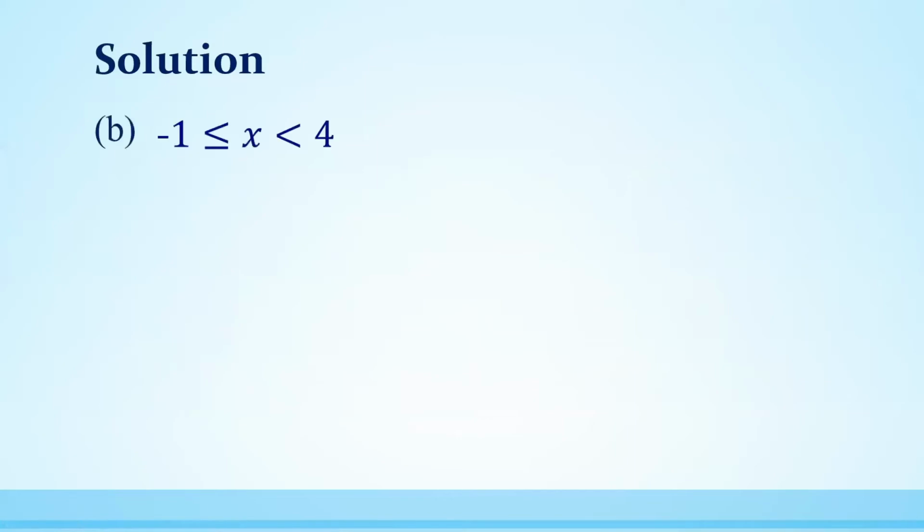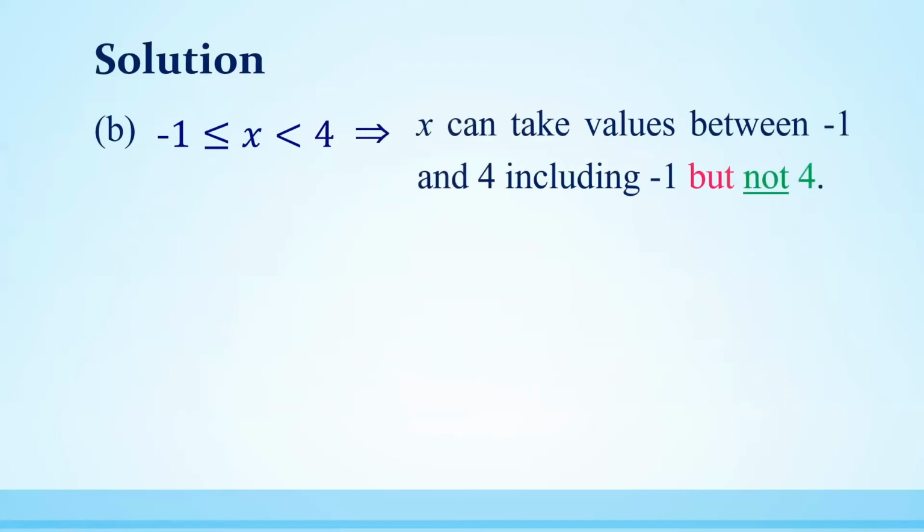But x can take any values on this line. Part B. X lies between -1 and 4, including -1 in this case. So here, x can take any value between -1 and 4, but -1 is included. However, 4 is not included.